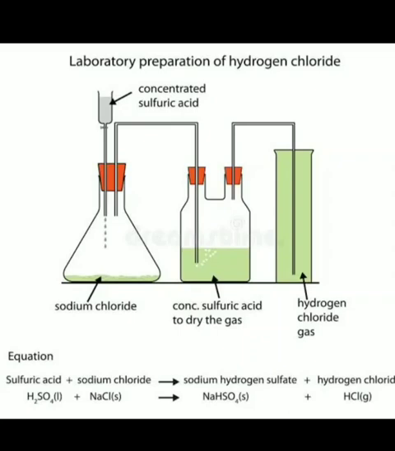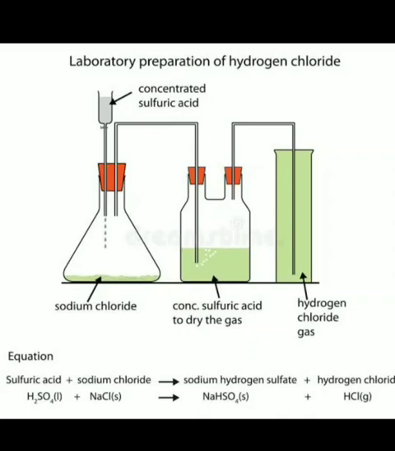So we dip a glass rod in ammonium hydroxide and bring it close to the full gas jar of hydrogen chloride. Then you will find on the top of the glass rod some white fumes of ammonium chloride are produced. This indicates that this gas is hydrogen chloride gas. So in this way we identify hydrogen chloride gas.